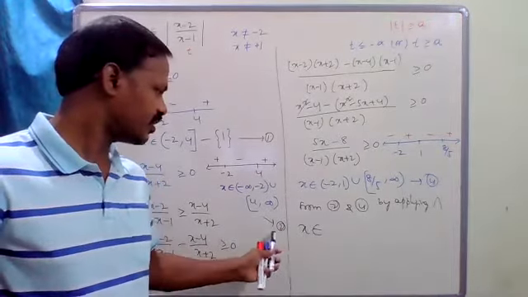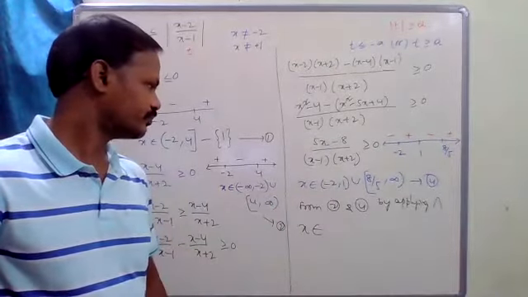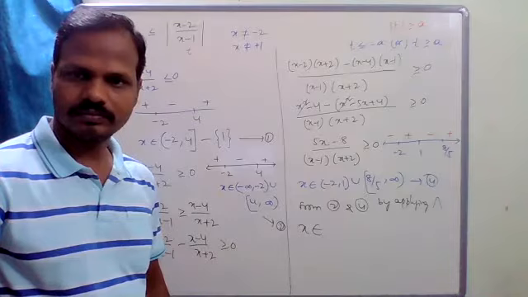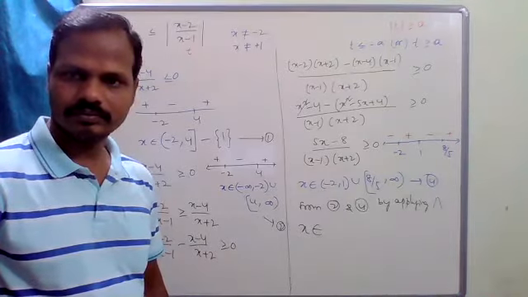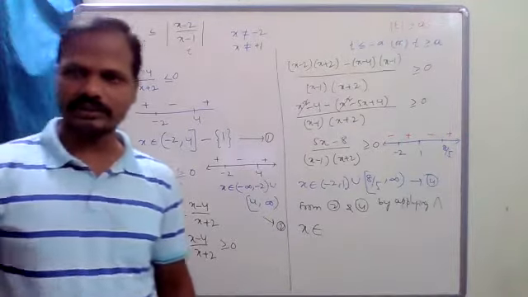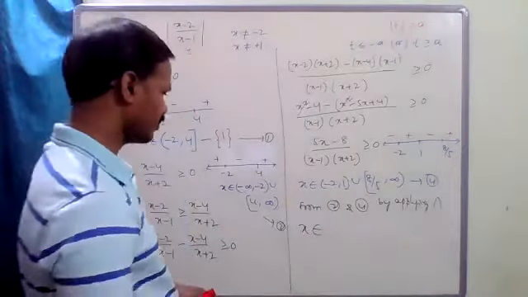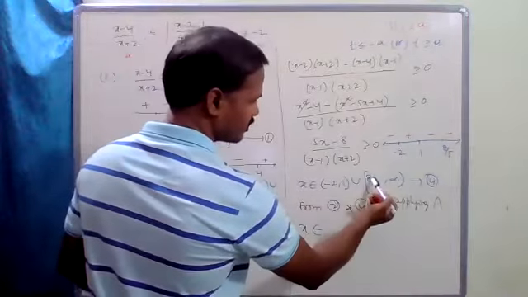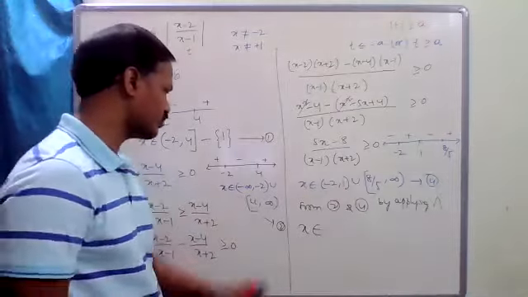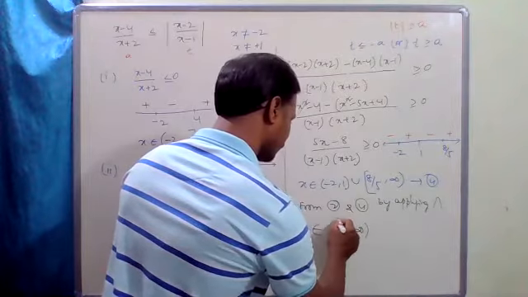What is the intersection of these two? So give a response. Nobody is responding. 4 comma infinity. Yeah. Okay? So this is 8 by 5, which is 1 point something. So the intersection of these two is nothing but 4 comma infinity.